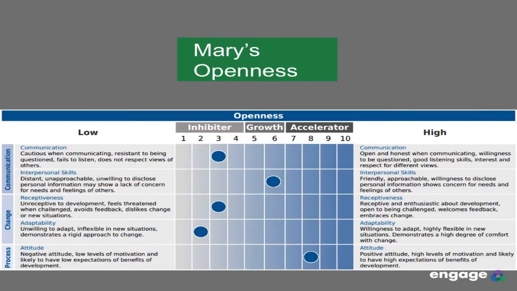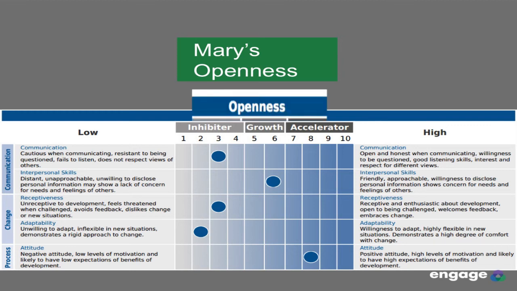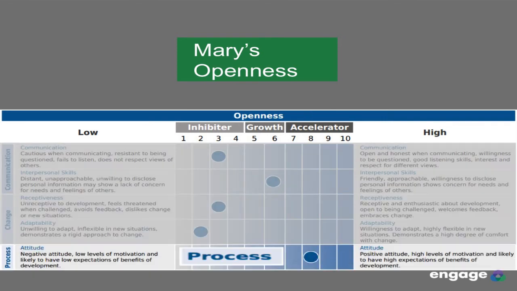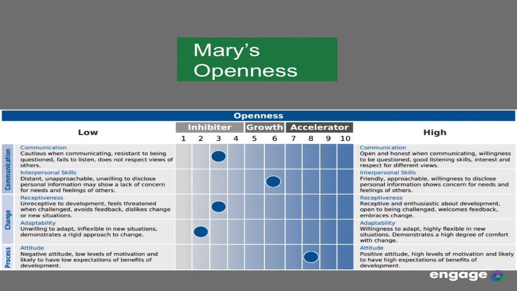Okay, so in terms of the second set of scales around openness, so again, I guess that you are looking at both the low scores and the high scores? Yeah, so what we see here are the openness scores, and what we're looking at are 3 distilled areas. So openness to feedback and communication, openness to change, and openness around process. So that looks a little bit around attitudes.